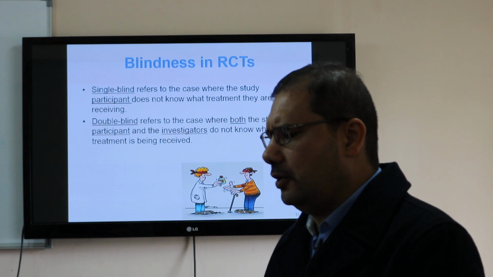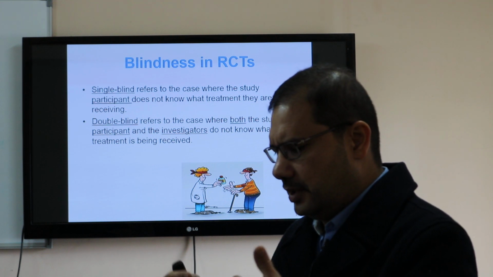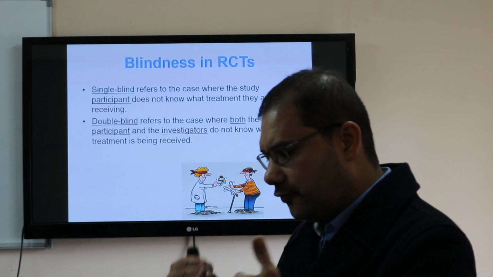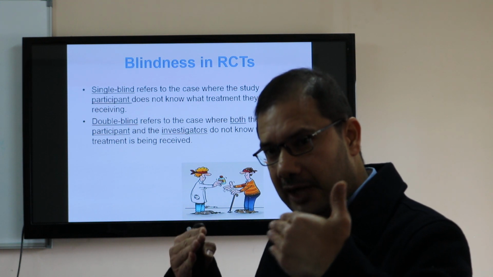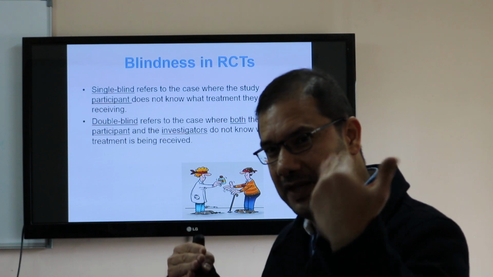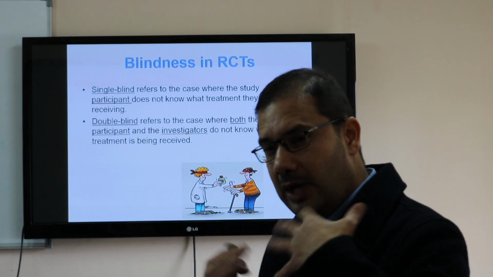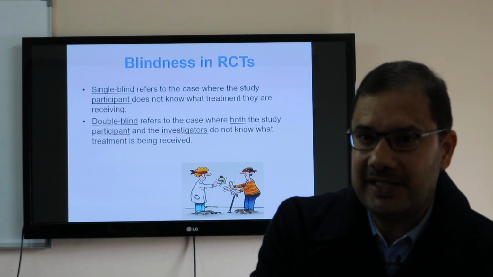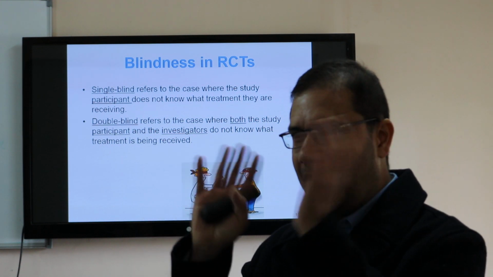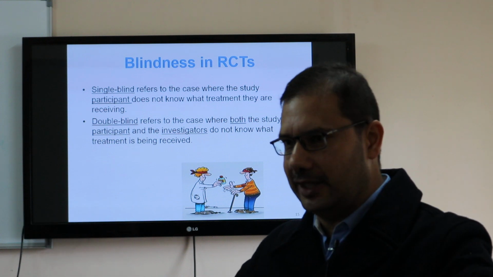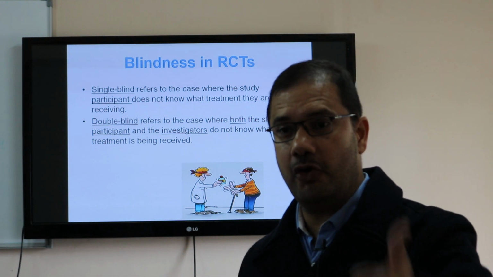If I need to do a randomized controlled trial, I have to follow up with both groups, and I need to have the same behavior with them. I don't want to change my behavior. If I know this is the test group and this is the control group, I will behave differently. I will treat this one better because I need my outcome to be better. So I will be biased. But if I don't know, I will treat them equally and see what the results are.